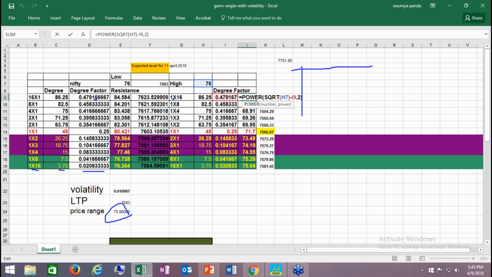So here, the second part of the calculation says that a number in the Gann sequence is presented in the form of square root of number plus or minus degree factor, whole square. This is a very small example I can give you.